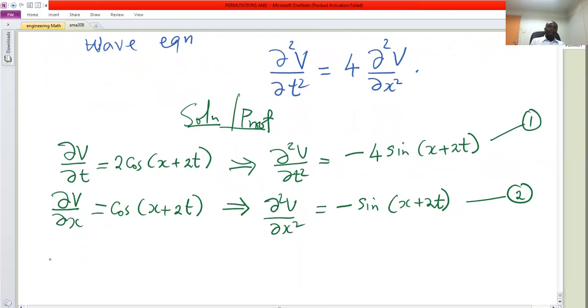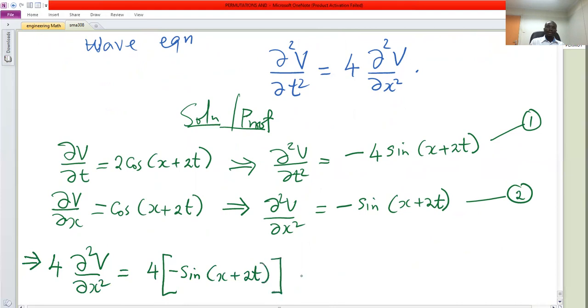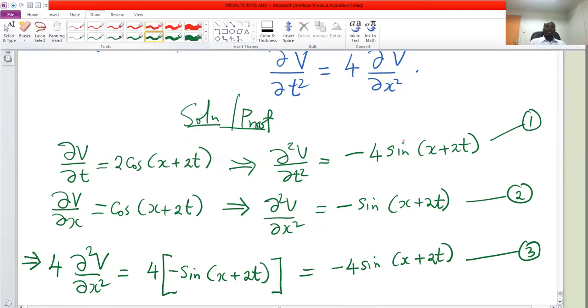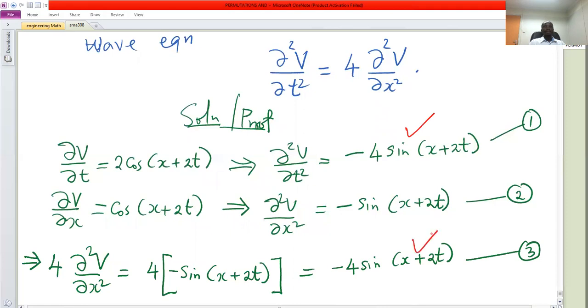So when I say 4 times partial squared v partial x squared, this implies that we'll have 4 into negative sine of x plus 2t, which is minus 4 sine of x plus 2t. For this one, equation 3. I hope it should be obvious that 1 and 3 are the same. You see this expression and this one are the same.